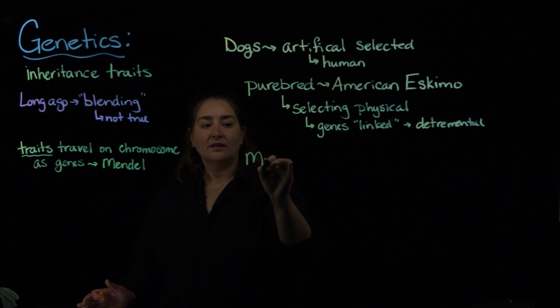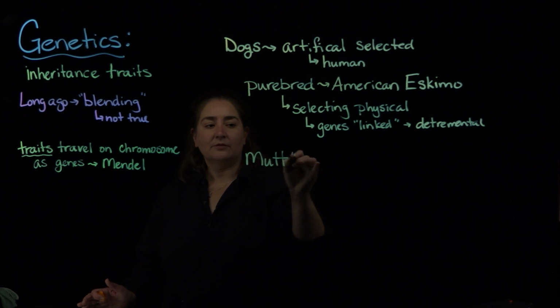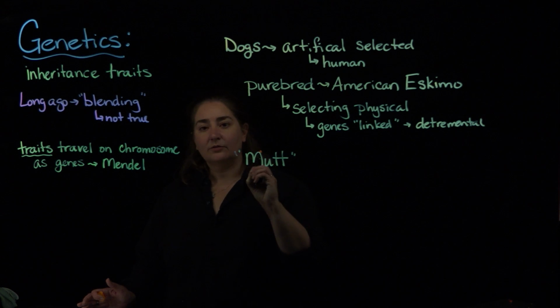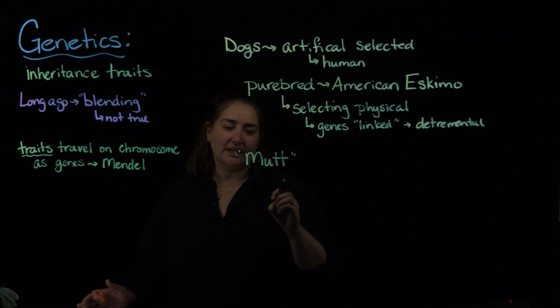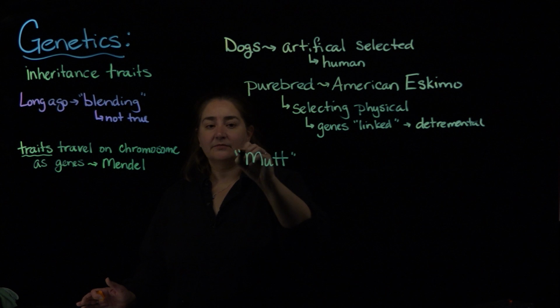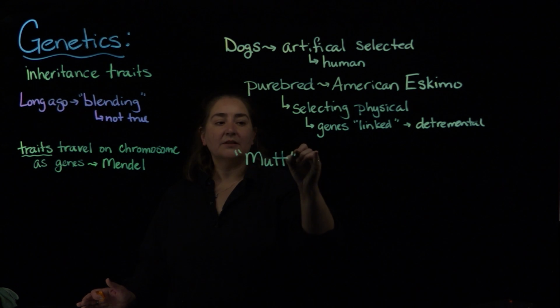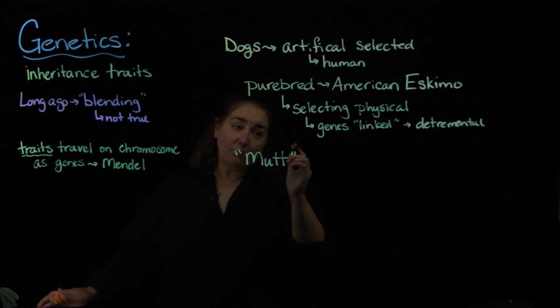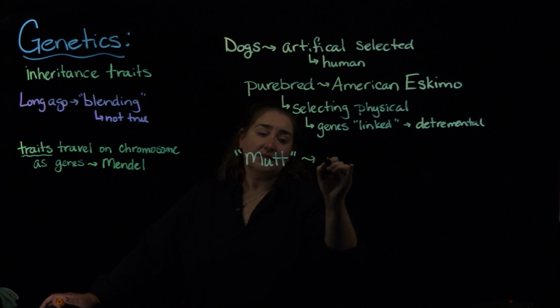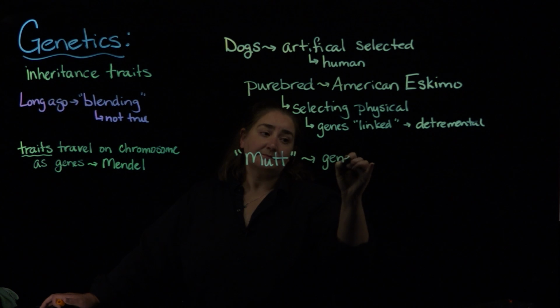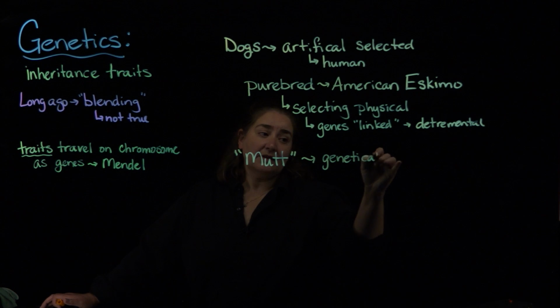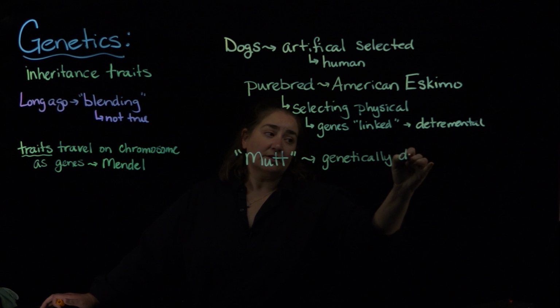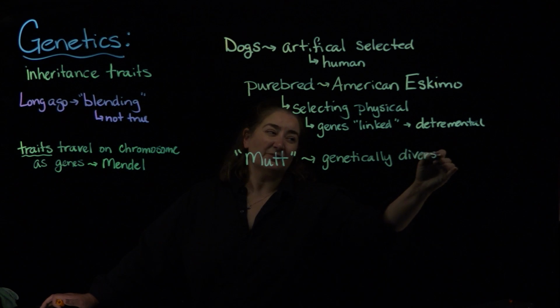Okay? Then you've got what we can't say that word. Commonly, let's use that instead. Commonly referred to as a mutt, okay? And mutts are going to have an advantage because they're going to be more genetically diverse, okay?